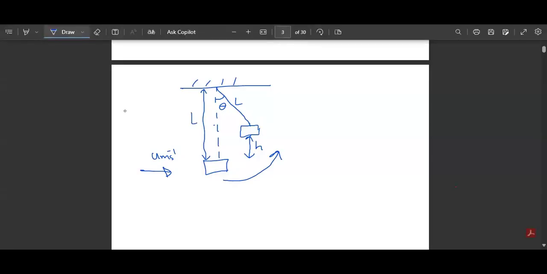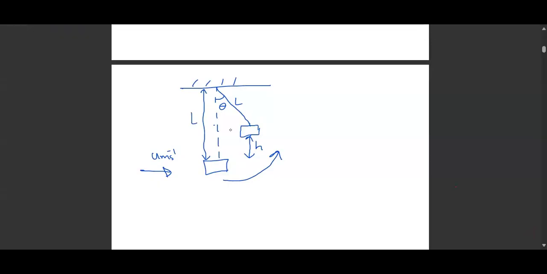Now, for this case, we shall first get the length. If you look at this point here, we shall form a triangle, whereby the distance from here to this point is given by, if you apply the trigonometric ratios, cos theta, where theta is the angle of inclination, is always given by the adjacent divided by hypotenuse.